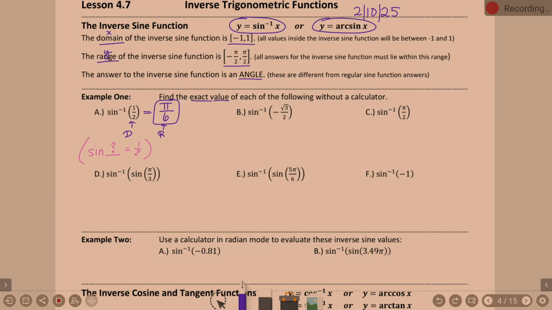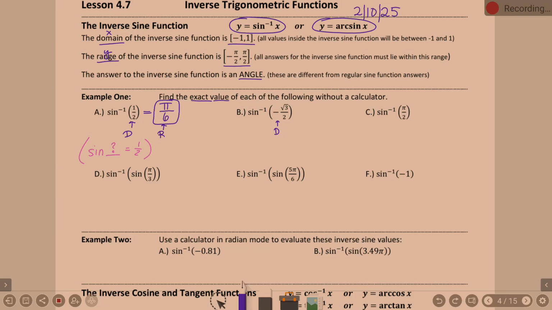So first of all, get in that habit, is it an appropriate domain value? No. Oh, wait. Yeah. Square root of 3 over 2, I was thinking 3 over 2. And I know you guys don't necessarily have your calculator in front of you.